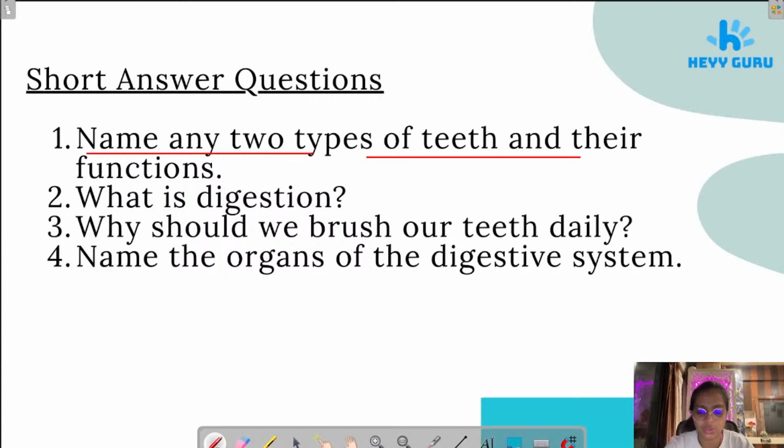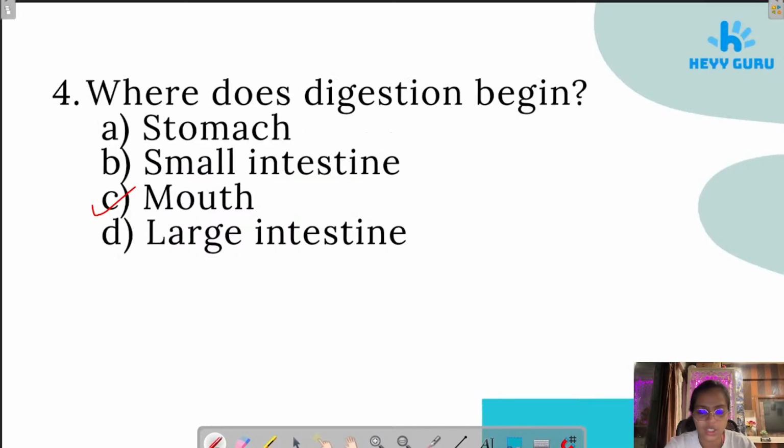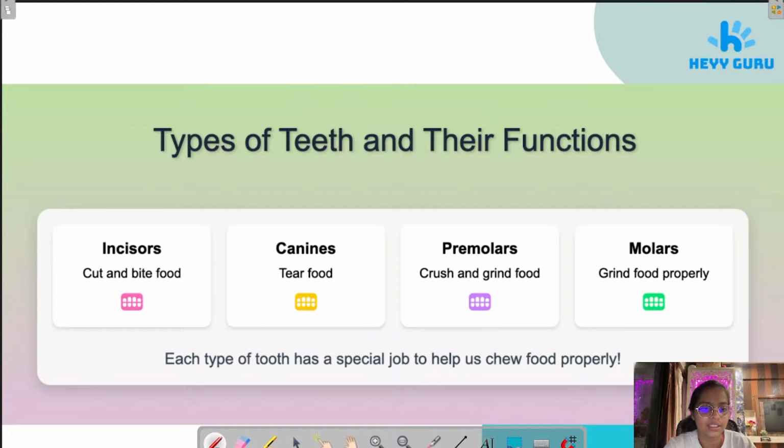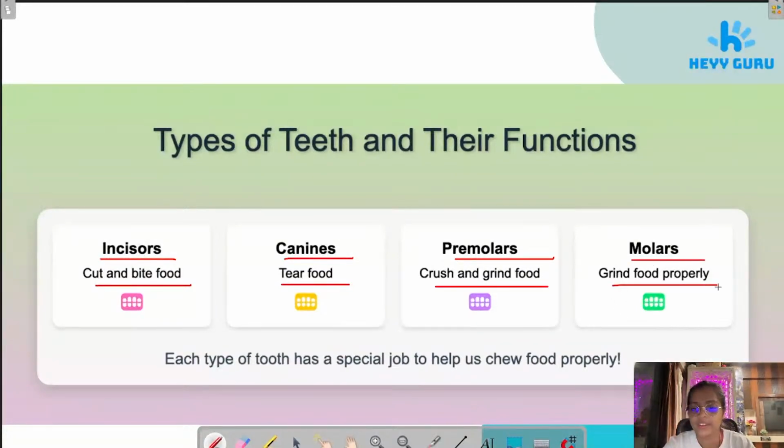And if you want to tell the function of that, then you have to go to this slide and write: incisors help to cut and bite the food, canines help to tear the food, premolars crush and grind food, and molars grind food properly. Okay, so this is the function of all the four types of teeth.